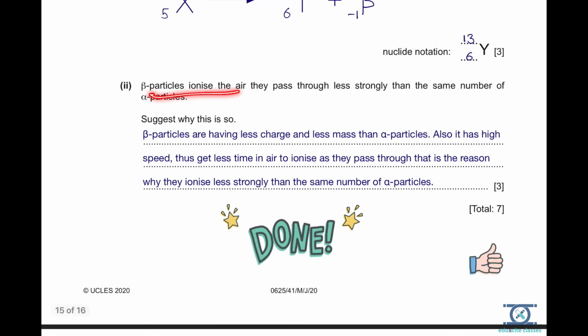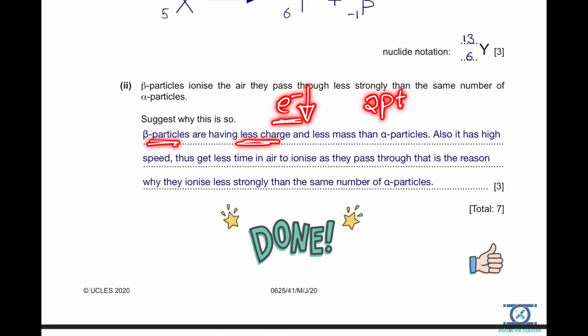Okay, beta particles ionize the air they pass through less strongly than the same number of alpha particles. So there is a comparison between alpha and beta. Suggest why this is so. So beta particles have less charge and less mass than the alpha particle. We know that a beta particle is an electron and an alpha particle has 2 times positive charge. So there is less charge in a beta particle and less mass also.